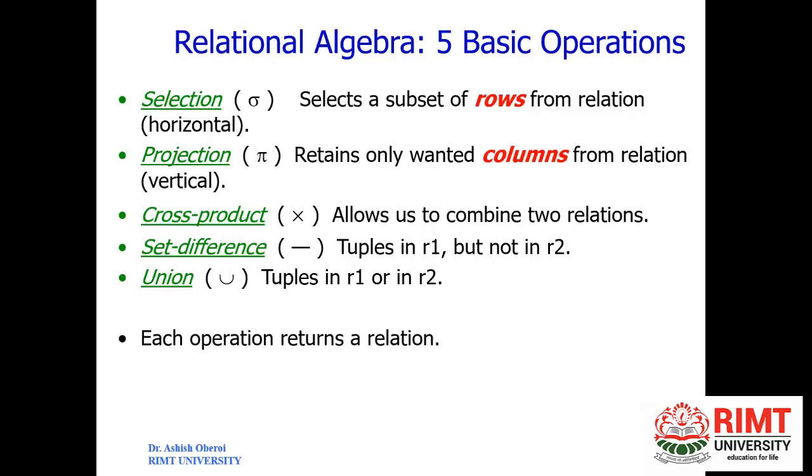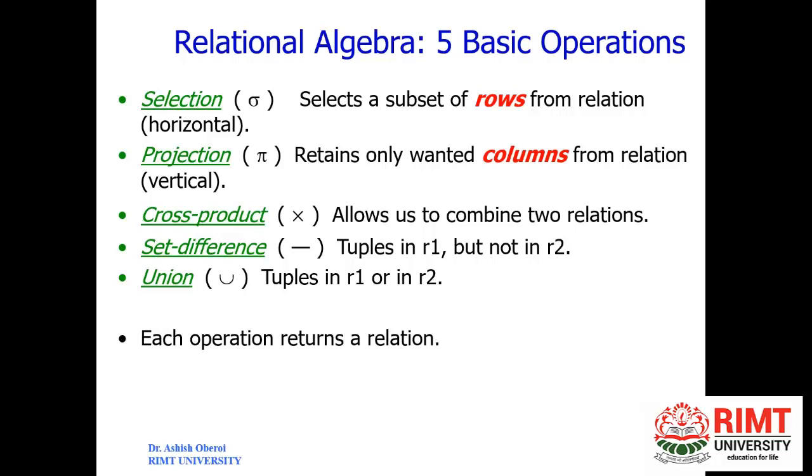Now if there is a query such as find out the name and ID of the students, or display the name as well as ID of the students, at that time, what operator will you select? You will select pi, because it retains only the wanted columns from the relation. That is vertical projection, or we can simply say projection. It means what you want to highlight.